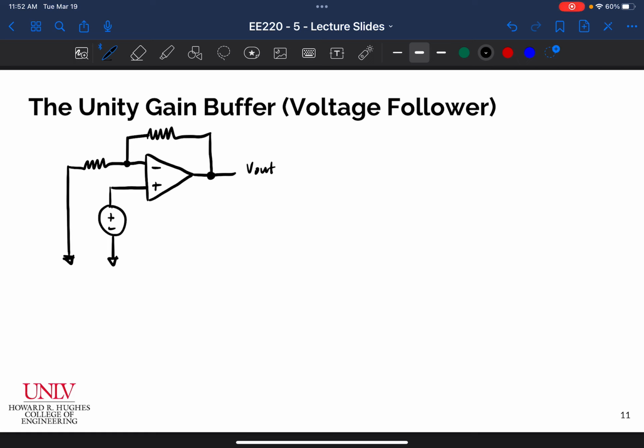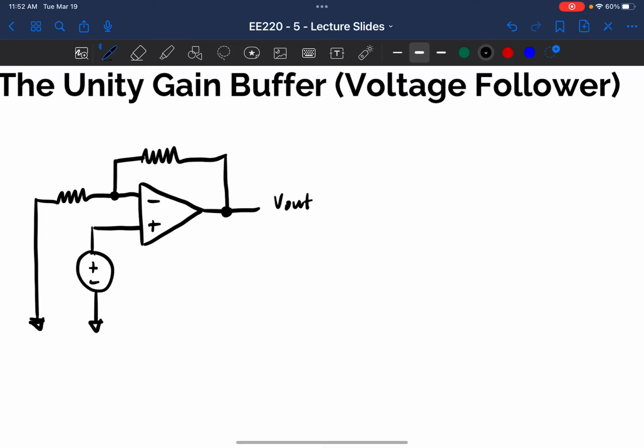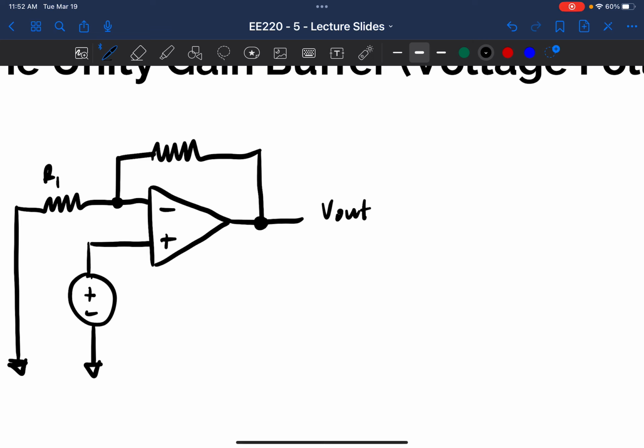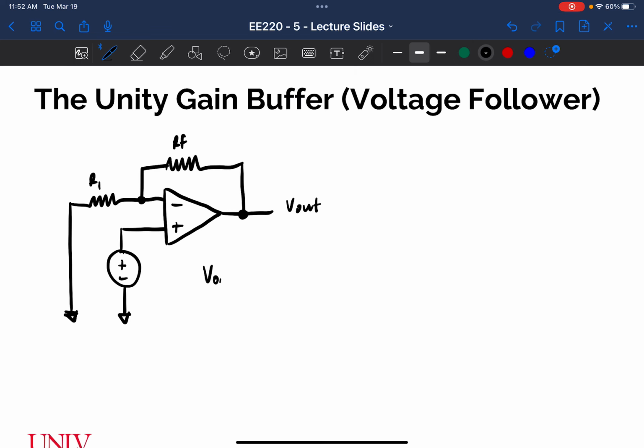All right, and so this is my non-inverting amplifier topology that we just looked at for the last couple of slides, where this is R1, this is RF, and again, my output in this circuit is equal to my input multiplied by 1 plus RF over R1, which is what we determined earlier.